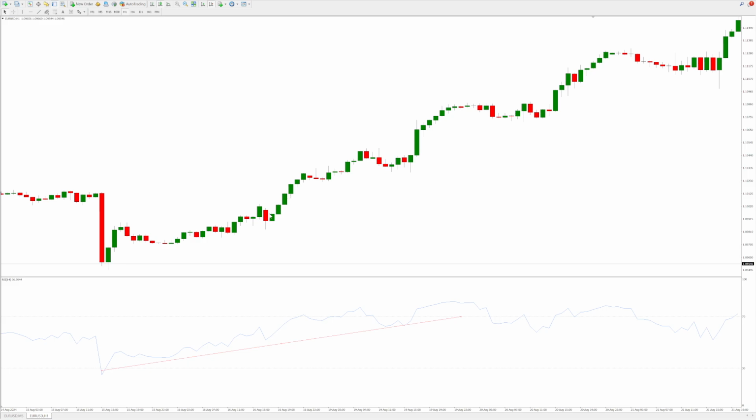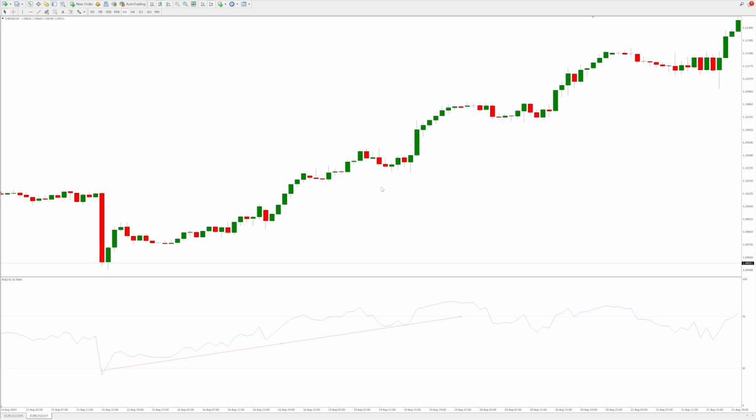You know, you could jump in at the wrong place and end up in unnecessary drawdown. That being said, this was a really good move. There will be occasions when you mark your divergence and price just breaks in the complete opposite direction, which is when those other filters will help you avoid such a scenario.